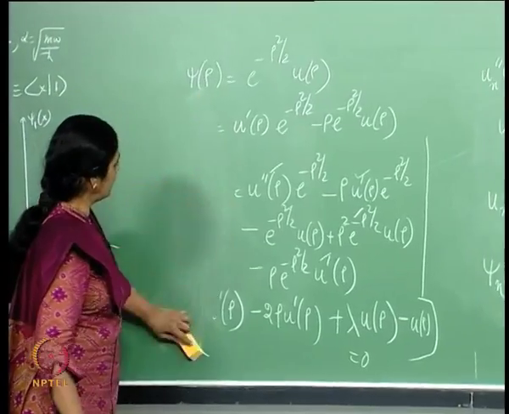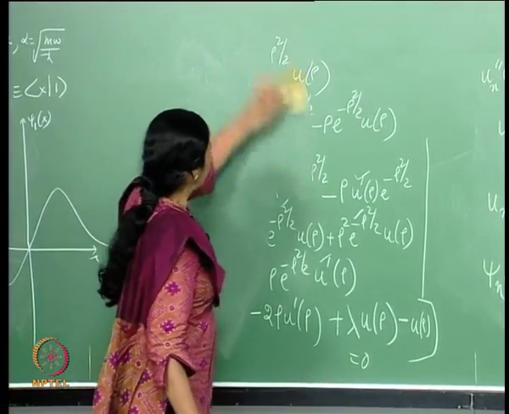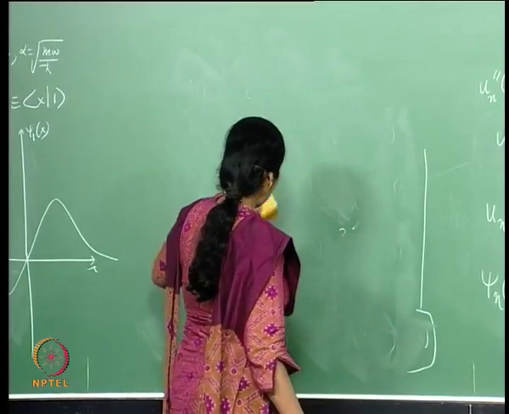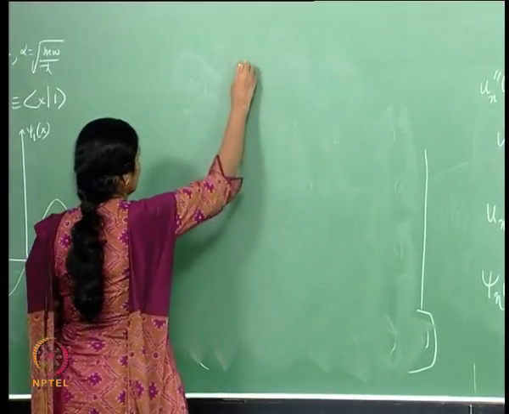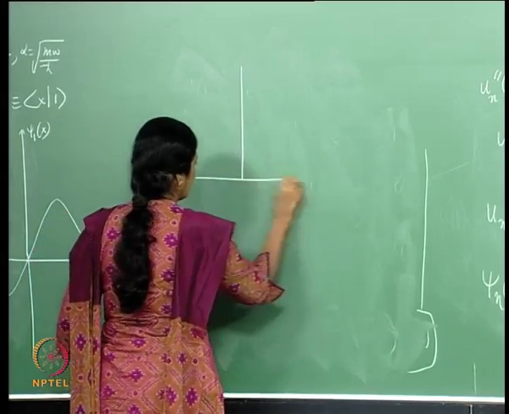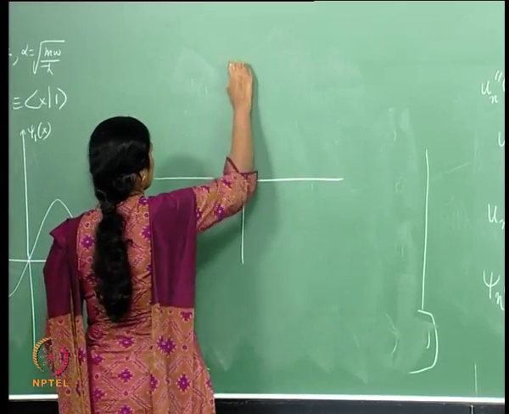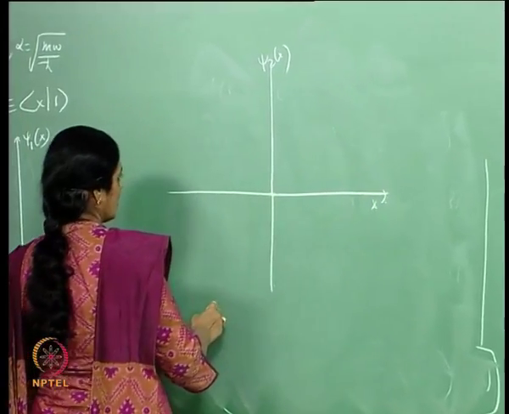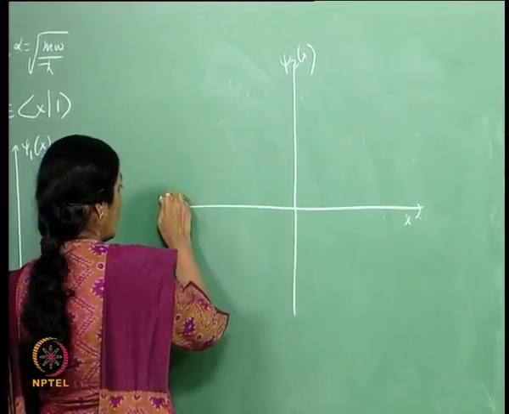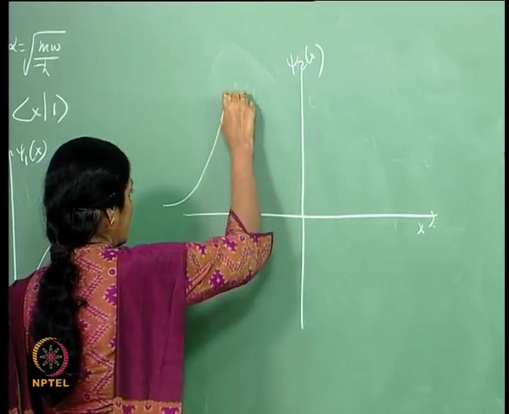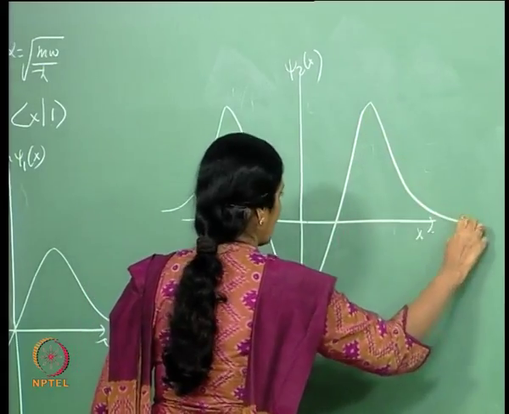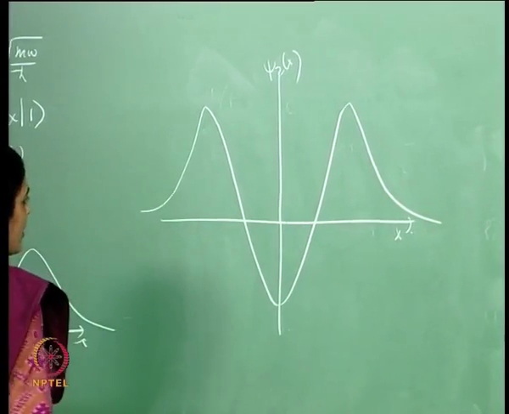Now look at psi 2 of x, that is an even parity state. The wave function goes to 0 at space infinity. It is a symmetric wave function, and cuts the axis at 2 points.